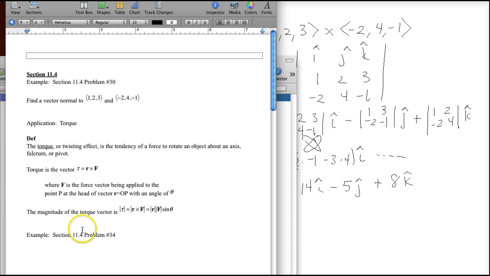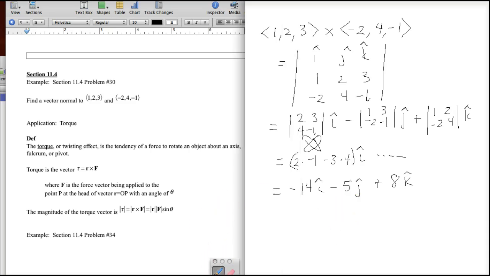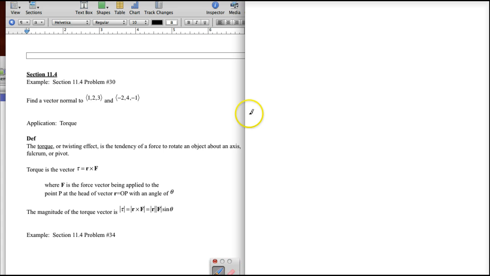And we'll see, let's try 11.4, problem number 34, and let's see. So in this problem number 34, again in section 11.4, what we want to try to do is figure out the torque when we know what the wrench would be, how it would be described, right, as a vector, as well as the force that's going to be applied.